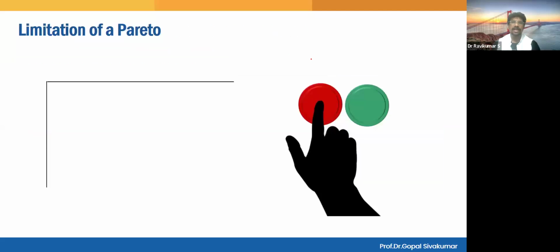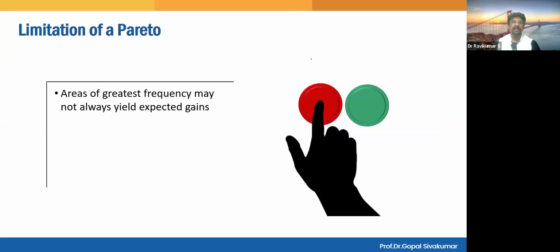Now what are the limitations of Pareto? The defect Pareto depends on the frequency of the errors. Sometimes it may mislead you, as errors which occur frequently may not yield the expected results. What does it mean?